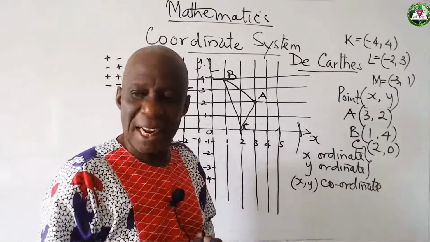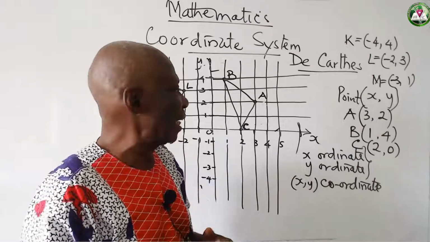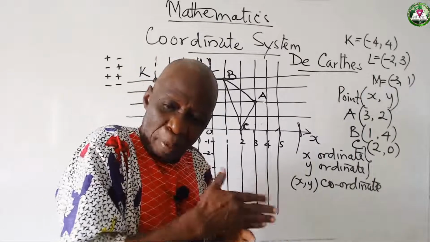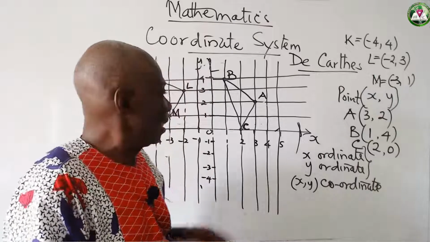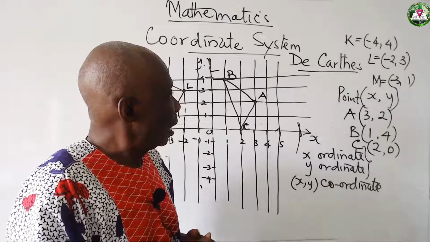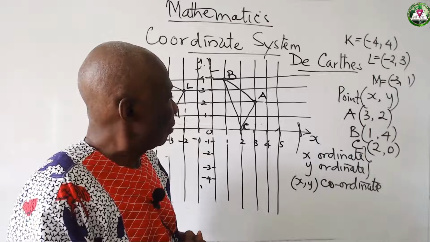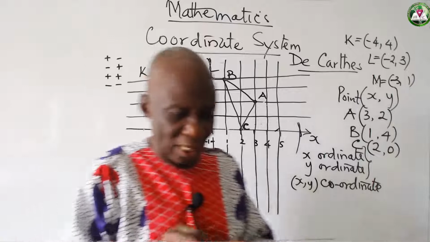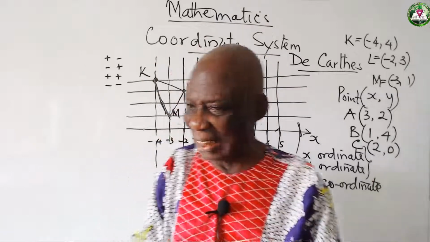The horizontal number line, he called it the x-axis. Said the two of them can be brought together at their starting points. That becomes the origin. He will join them, and then he formed this thing that is called the Cartesian coordinate axis.